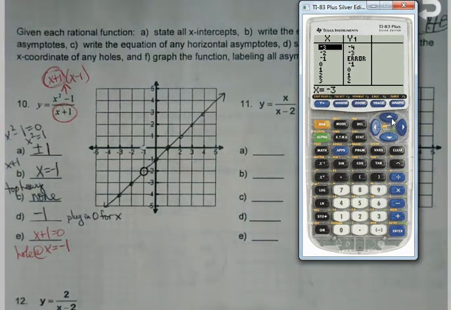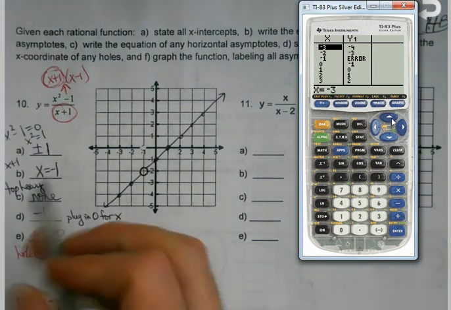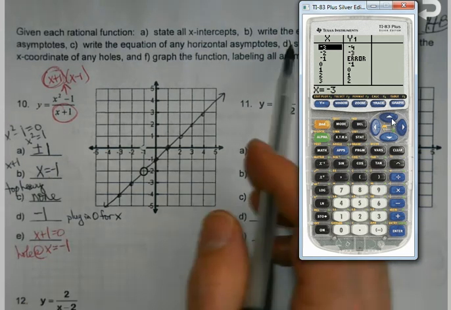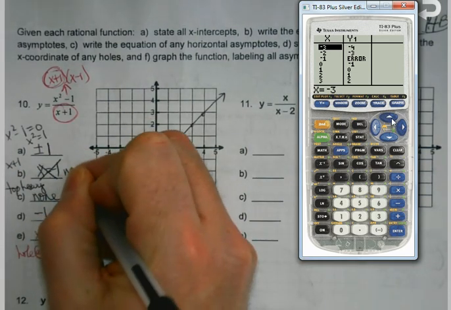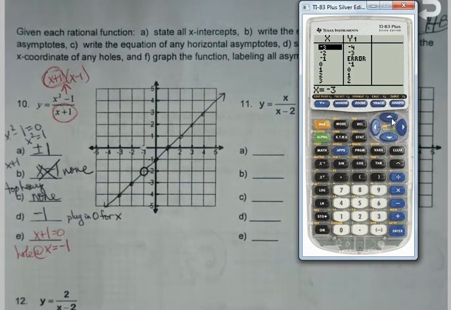So when I go back, I have to go back to letter B too. Vertical asymptotes. I don't have one here anymore. When that hole popped up, that took my asymptote away. So I have to be cautious when I'm doing this, even though it's good to think about it that way, but can I factor something to make it change the way that it looks some?